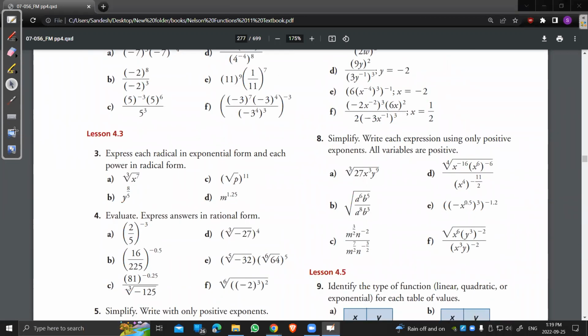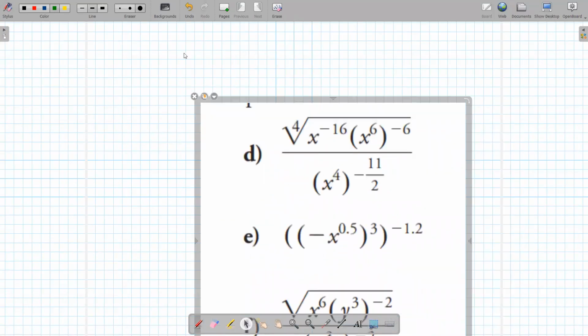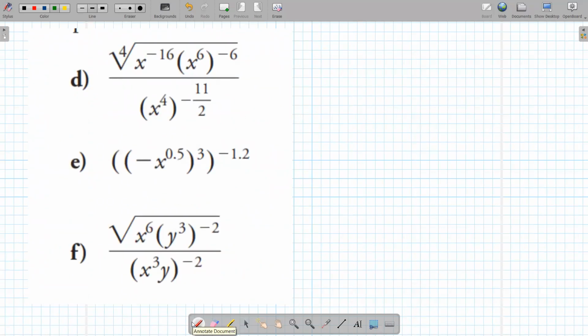Let's try doing some of these guys. Let's look at D. What would be the first thing to do here? What do you attack? Attack this bracket, and you can attack this bracket.